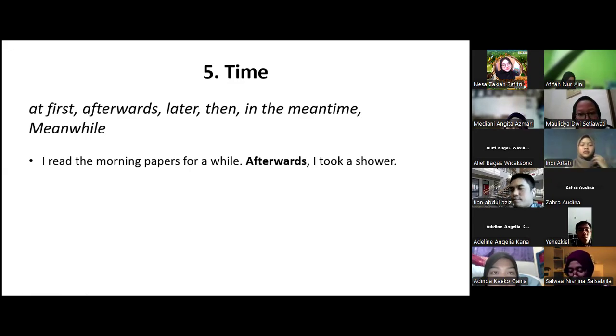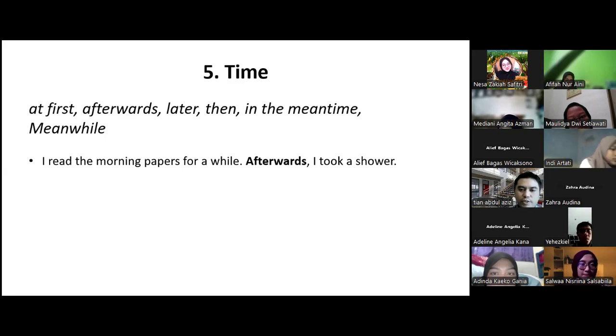I read the morning papers for a while. Afterwards, I took a shower. Okay, good. Here the first activity is reading the morning papers for a while, and the second activity is taking a shower.